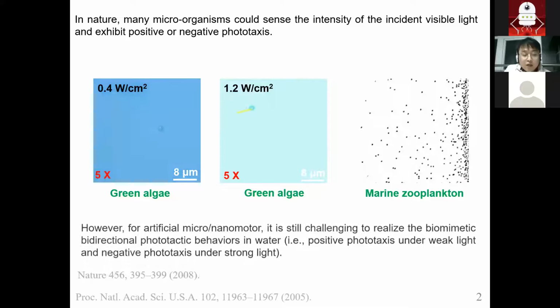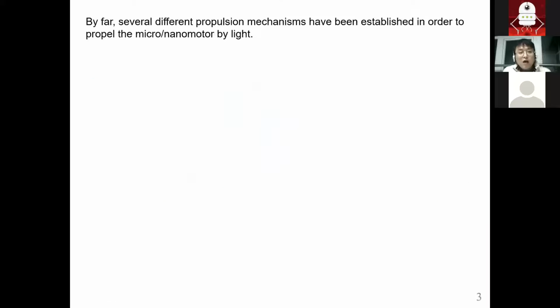So far, great efforts have been devoted to the development of artificial micro and nanomotors, and we are happy that significant progress has been made in most aspects of this field, especially in light-driven micromotors.